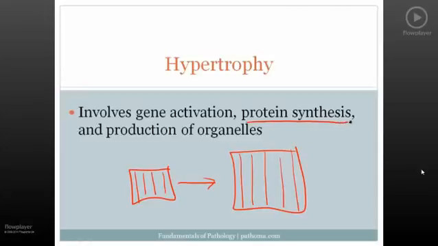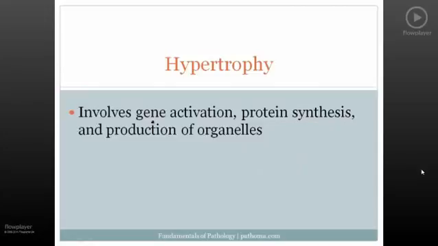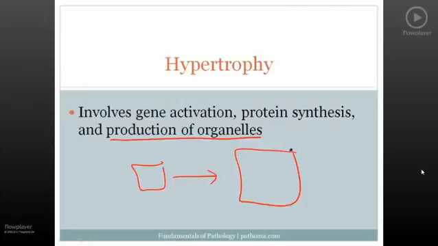Now, obviously, in order to produce proteins, genes are going to need to be activated. So you could put this story together by basically saying that one mechanism of hypertrophy is gene activation and protein synthesis. Another important thing that will have to occur in hypertrophy is the production of organelles. If the cell is going to go from this size to this size, then it's going to need the organelles that are necessary for cellular function.